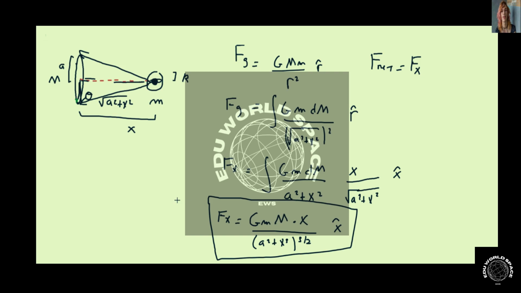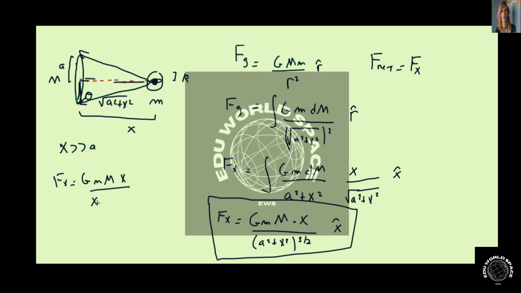We're asked then to show that when x is very large compared to a, so the distance separating the two is much larger than the radius of the ring, this reduces to the expected result, where we treat each as just a point particle. So if x is much, much bigger than a, then our force is G little m big M x over, and now we basically get to ignore the a squared here since the x squared is so much larger.